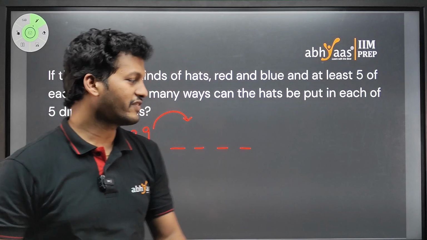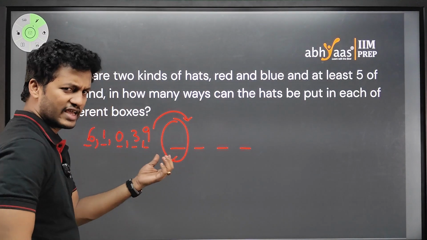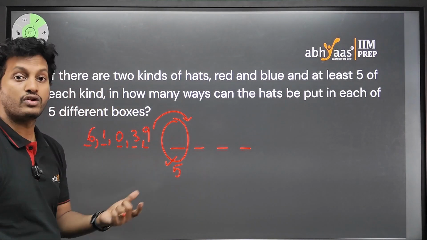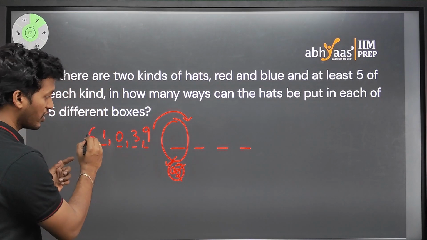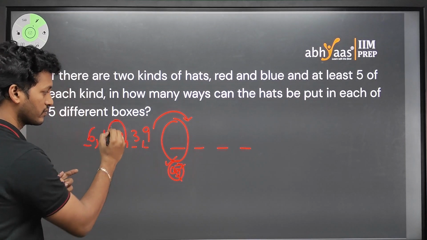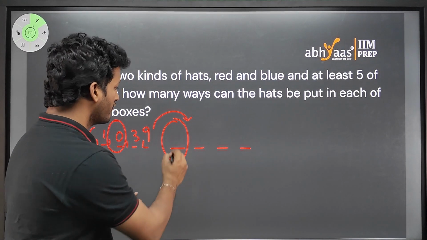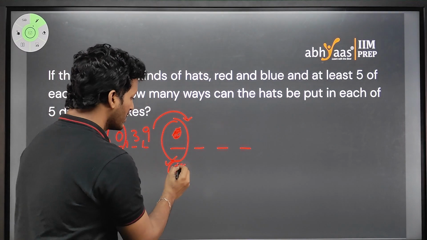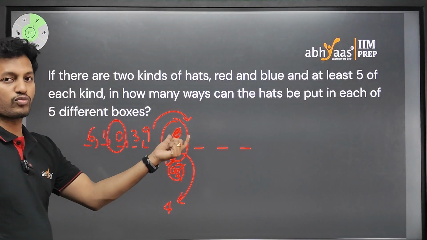So how many ways are there for me to fill this first empty space? It's nothing but 5, isn't it? No, 5 cannot be the answer because one of the digits is 0. If I fill this box with 0, will my number be a 4-digit number? No. So there are only 4 ways for me to fill this box.